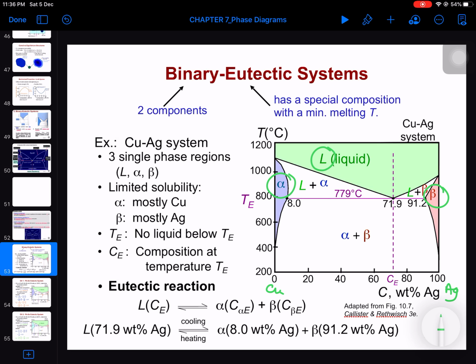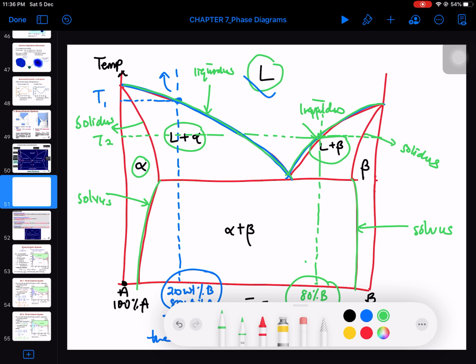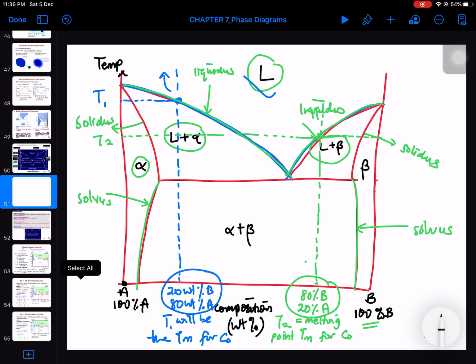Now, the one thing that I forgot to mention just now is the solubility limit. Let's have a look at this point and this point. This point is the solubility limit of B in A. Why?